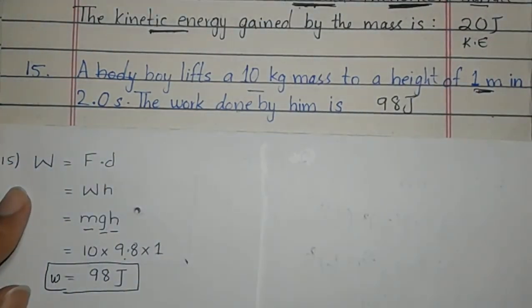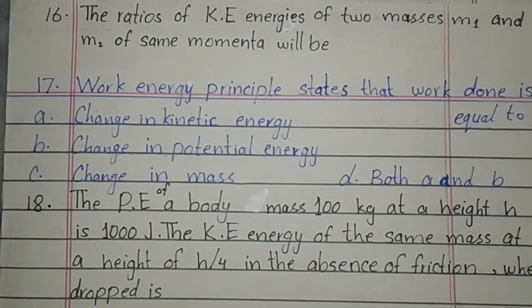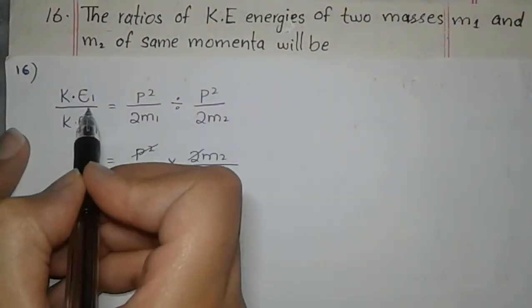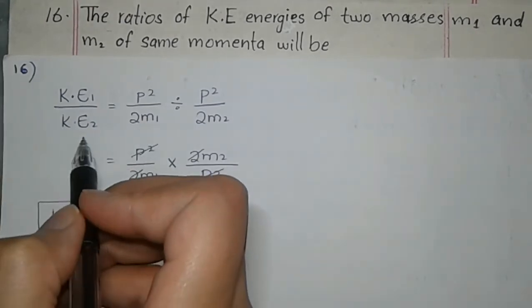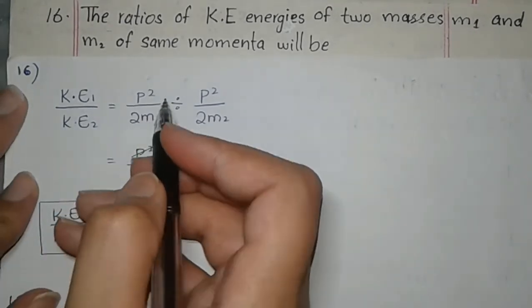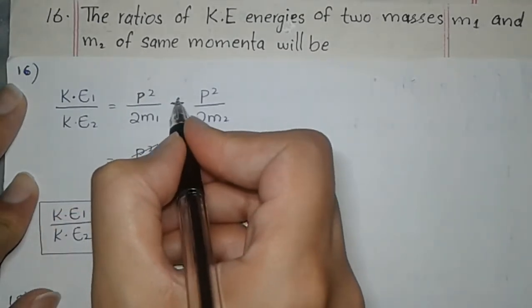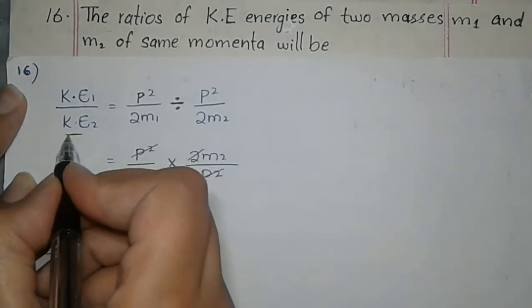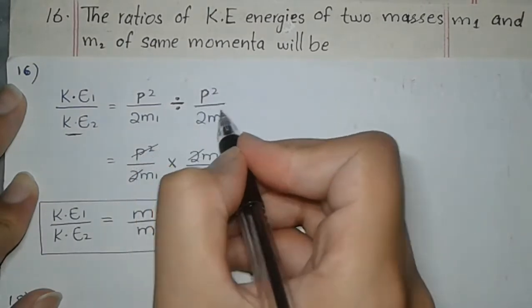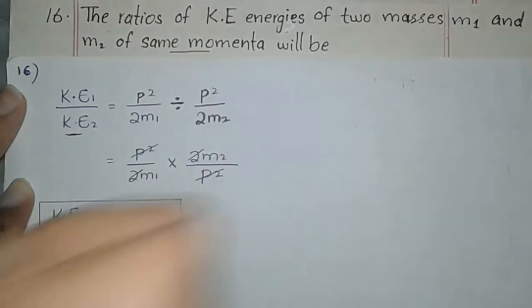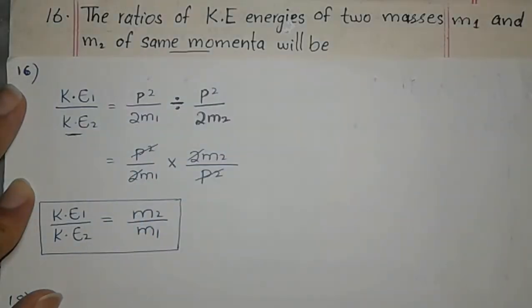Okay, the next one. The ratio of kinetic energies of two masses m1 and m2 of same momenta will be. Now look here, the ratio of kinetic energy of m1 and kinetic energy of m2. Now we can write it like p square divided by 2m1 divided by, for kinetic energy 2, p square divided by 2m2. Okay, now here the momenta of both masses are same.